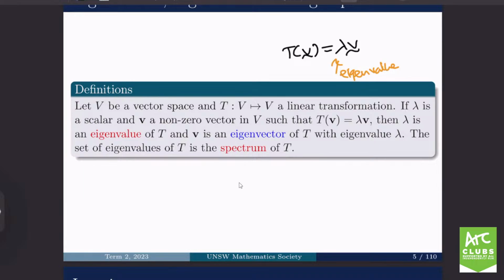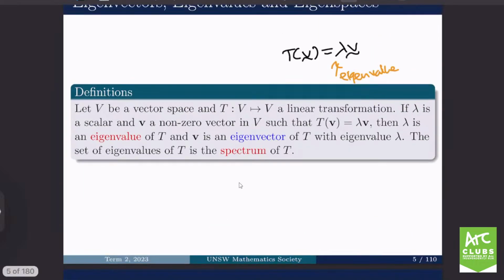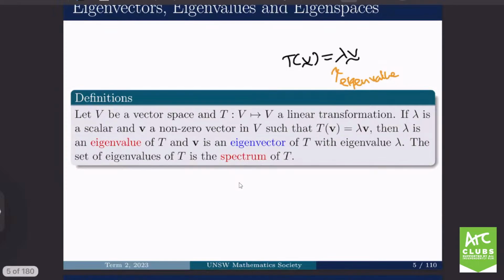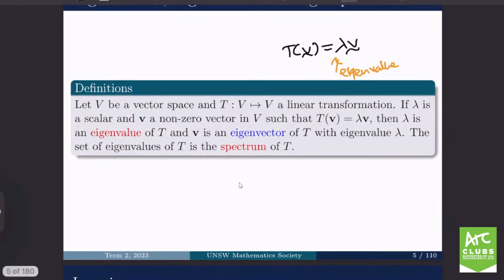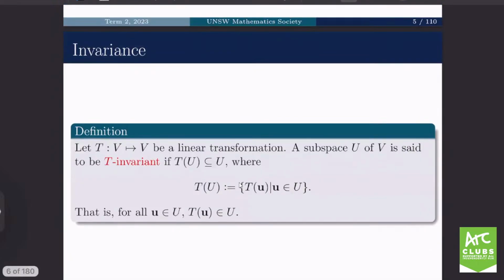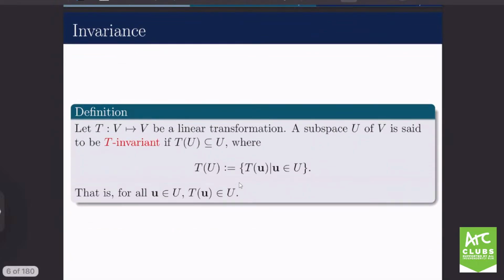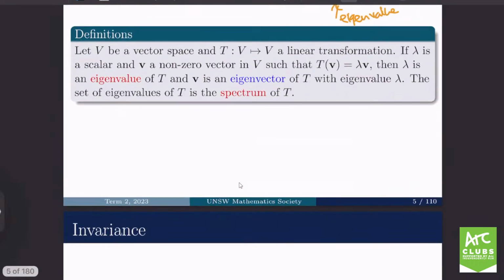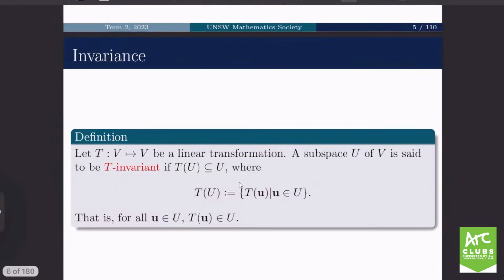Okay, now an important definition here is that the spectrum of T is the set of all eigenvalues. Okay, so in terms of eigenspaces, an eigenspace would be the set of all eigenvectors corresponding to a certain eigenvalue.